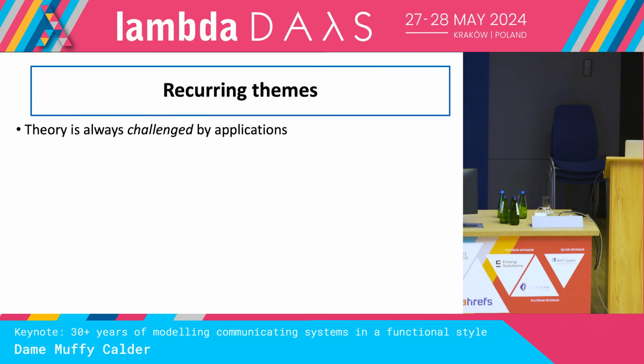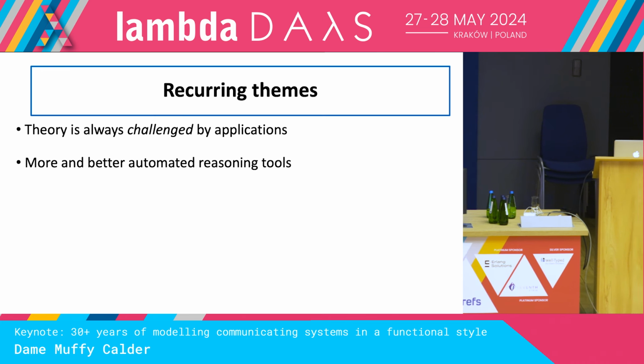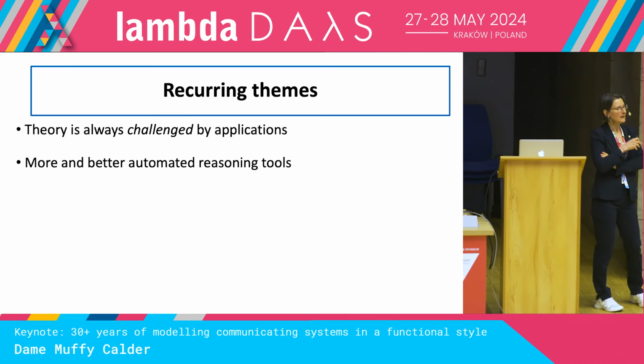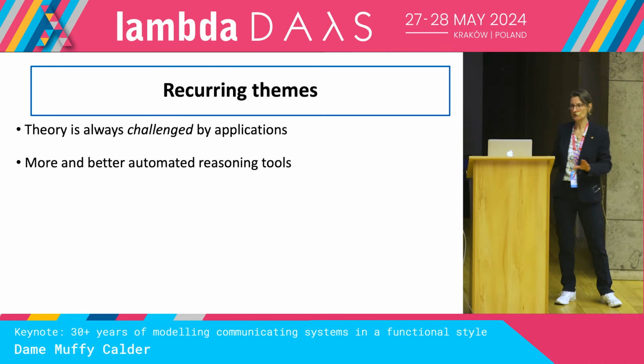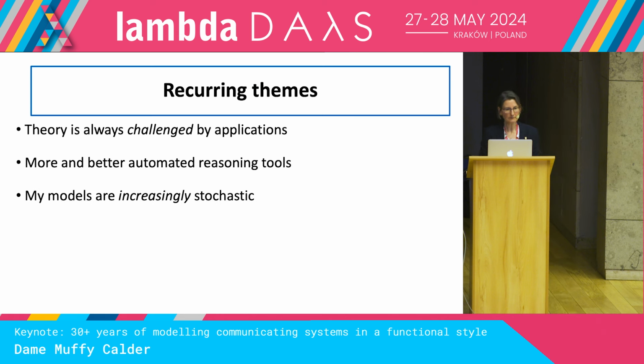So recurring theme, theory is always challenged by applications. If I hadn't done these applications, I would have never advanced my own bits of theory, for example, in Bigraphs. You've got to use theory. Over the years, the automated reasoning tools have just become so much better, and there's so many more of them. It's something I've totally skipped over, is how to use automated reasoning.